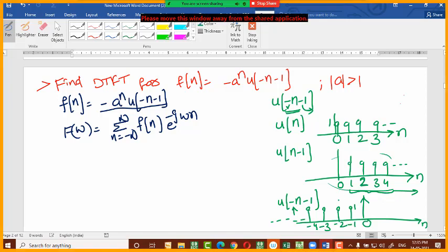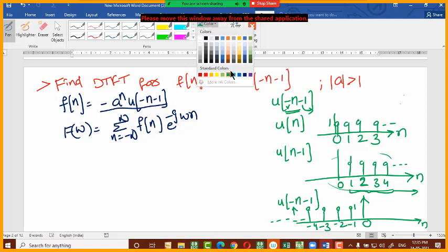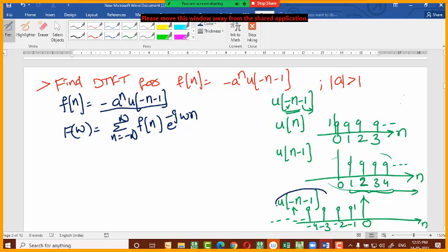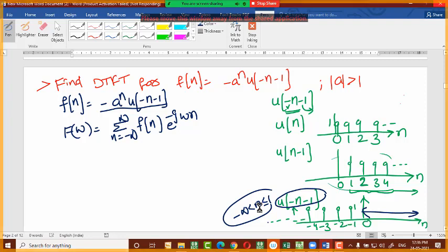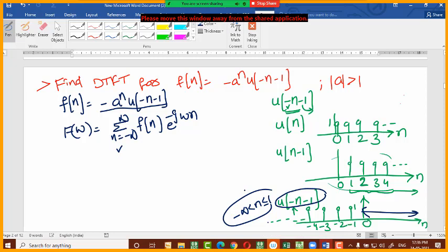So what did you understand now? This u of minus n minus 1 is the signal available from minus infinity to minus 1, that is, minus infinity less than n, less than or equal to minus 1. These are the limits of this signal. For n from 0 to infinity, there is no signal. So in this summation also, we need to use these n values only, because the signal has non-zero amplitude during those n values only.